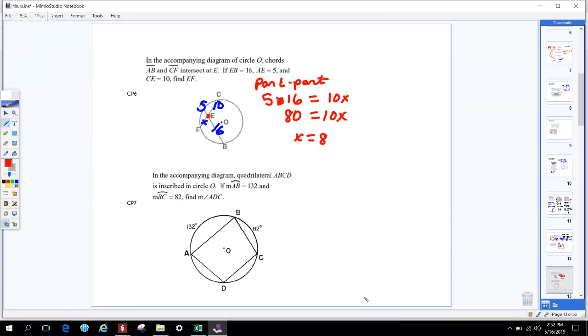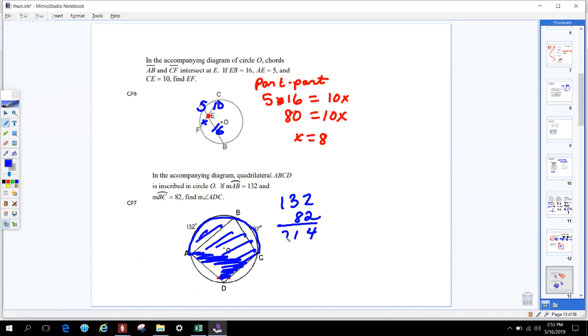In the accompanying diagram, we have arc AB is 132, arc BC is 82, find ADC. This is just a simple ice cream cone inscribed angle. Here's my arc. I just have to add up these pieces. 132 plus 82.